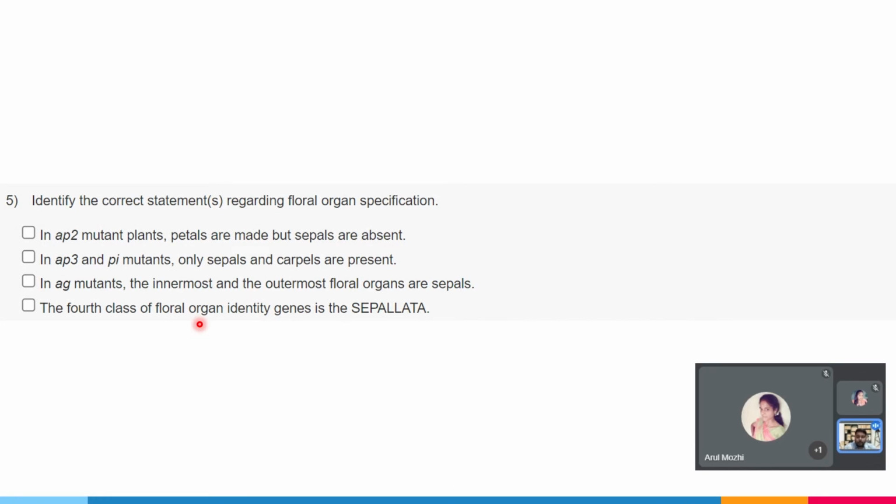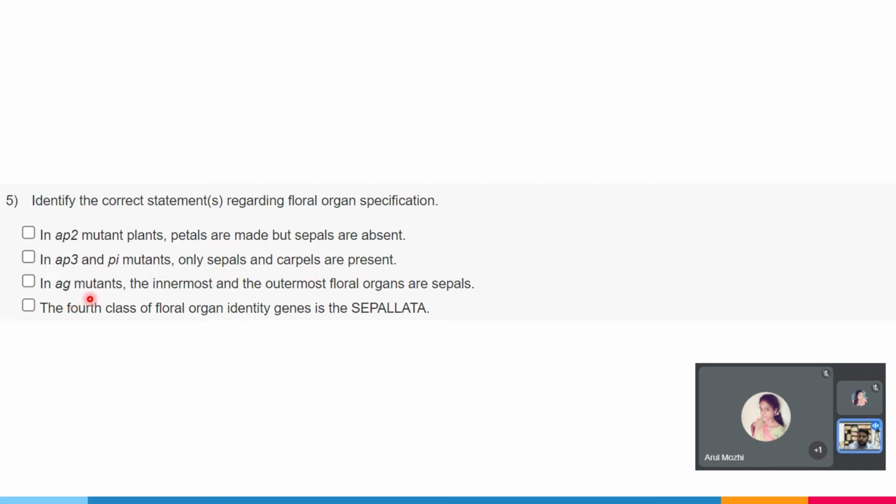so we build upon this information and go into the next question. Identify the correct statements regarding floral organ specification. The options are: in AP2 mutant plants, petals are made but sepals are absent. In AP3 and PI mutants, only sepals and carpels are present.